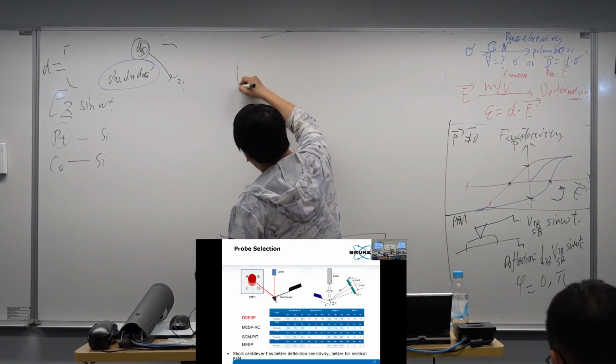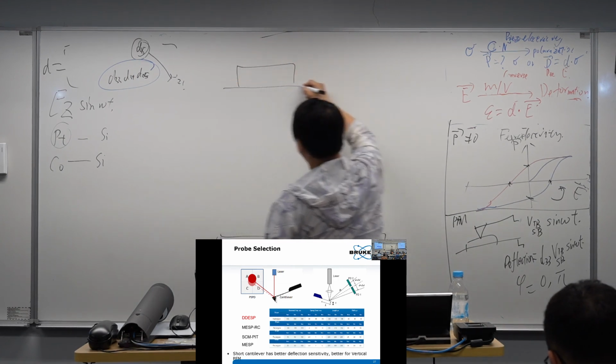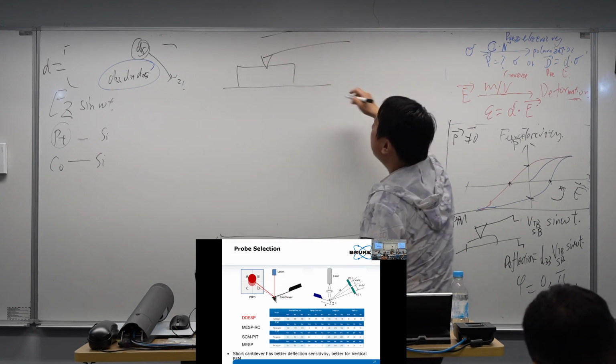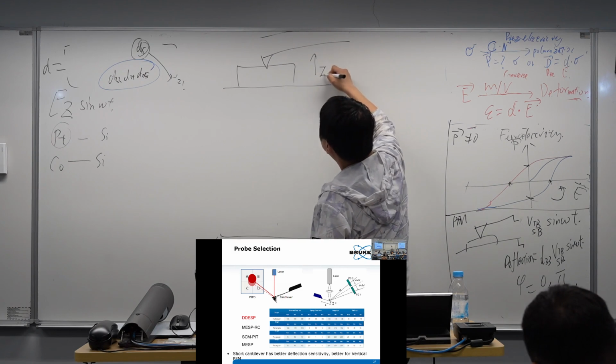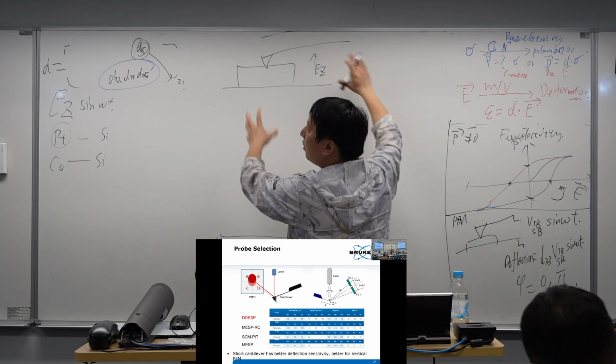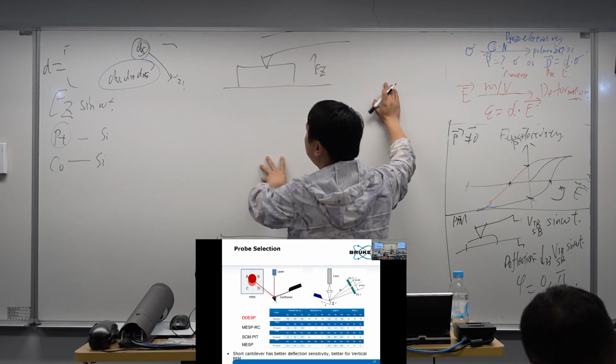So this is our crystal, and we have a probe. Then we apply an electric field, and the sample expands due to the piezo effect.